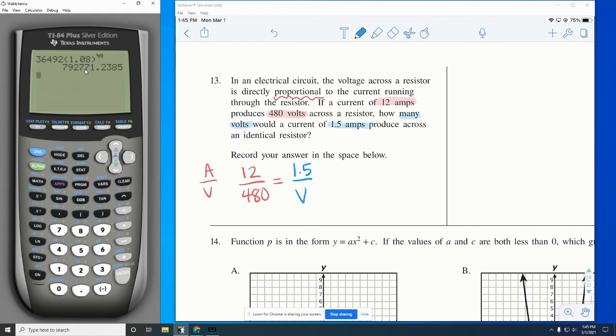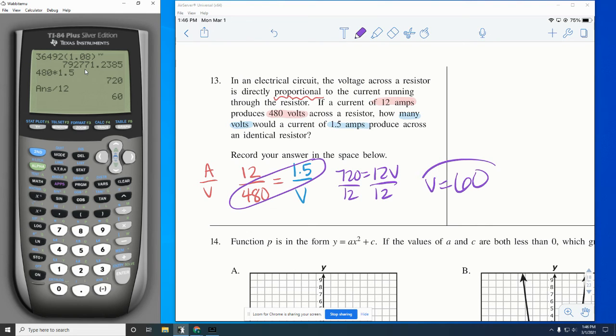So I'm filling in my proportion, and from here, all I have to do is cross multiply and divide. So I multiply these in my calculator for 480 times 1.5. So 720 equals 12V. So cross multiply and divide. So V equals 60. So just because it's open-ended doesn't make it scary. That one, all you're doing is setting up a proportion and solving.